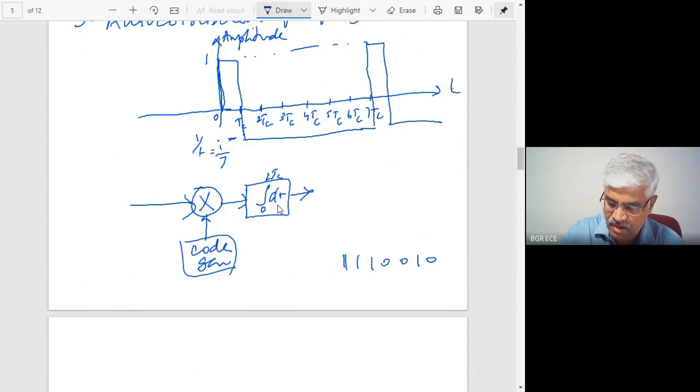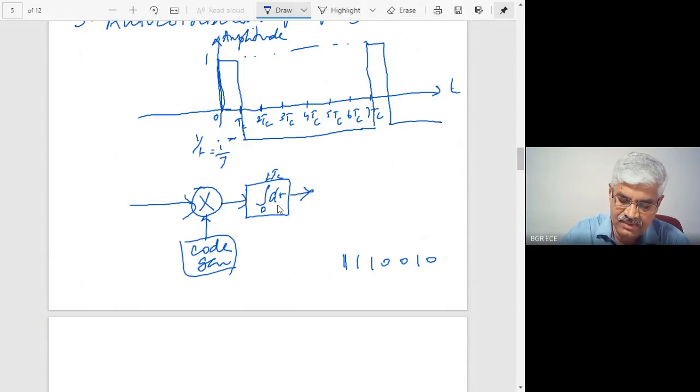When this is generating a 1, let us assume that we also receive a 1 at the input. When this is generating another 1, we assume that we receive another 1. So when it exactly matches, you will find there is a maximum output. But during all other times, if it is not synchronizing properly, it will all the time give you minus 1. So the autocorrelator output will look like this.